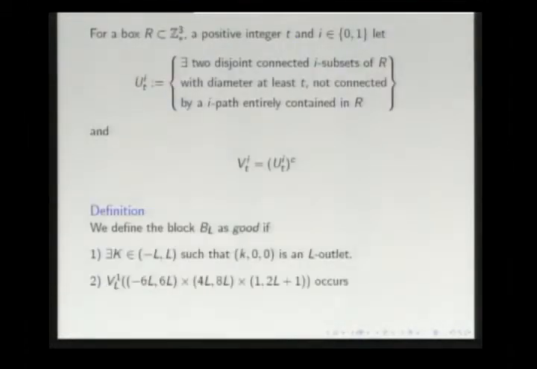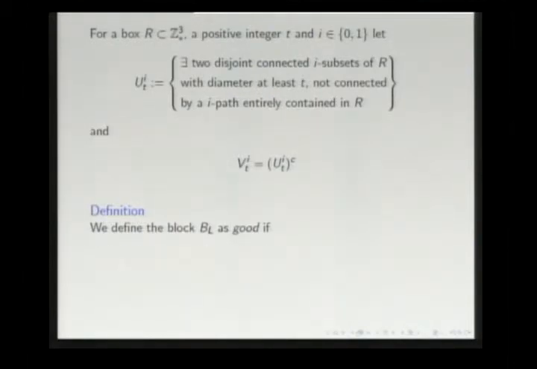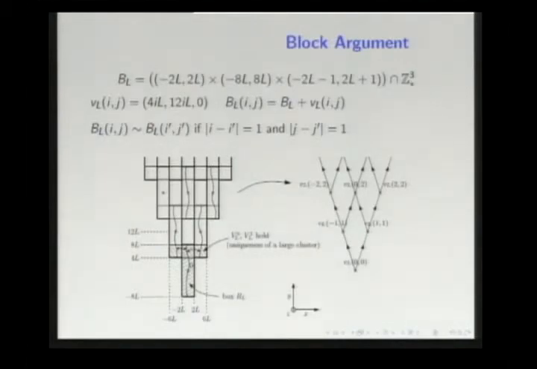And let me speed up. The second condition is that this event occurs. This event is the following. It's better I explain in the figure. We are in the supercritical phase, and it's a standard result that in the supercritical phase, the infinite cluster is unique.